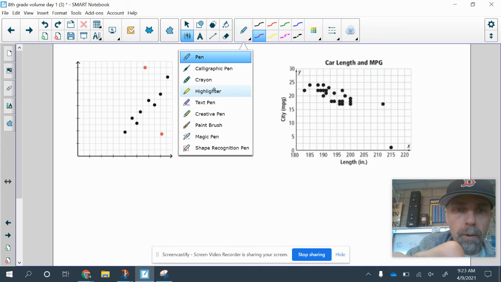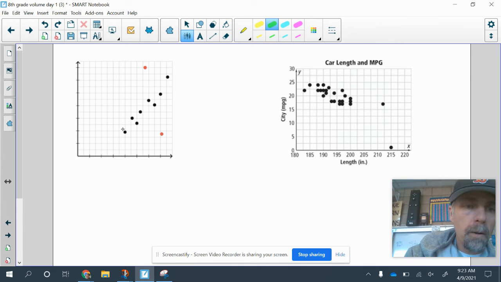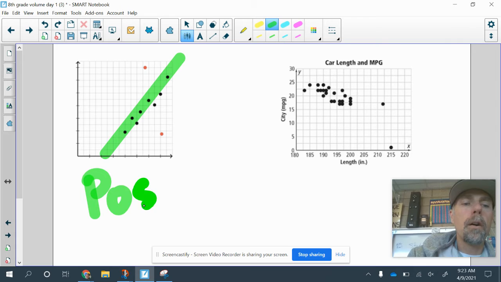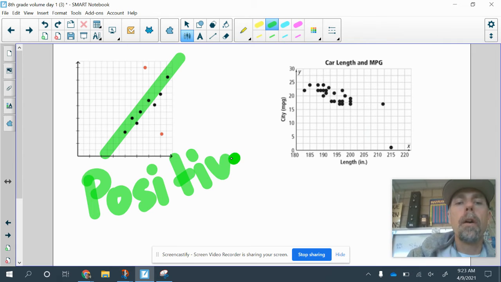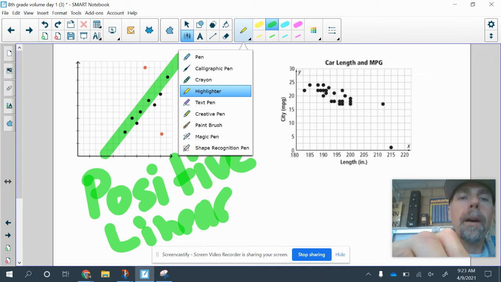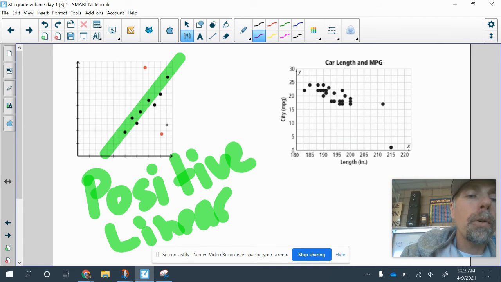This one right here, these dots follow a straight line. So that'd be positive linear. But there's two dots that we have a name for. That's an outlier.